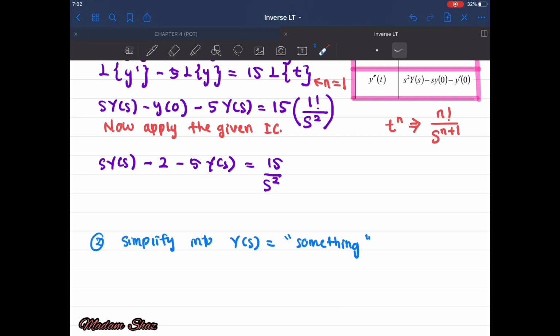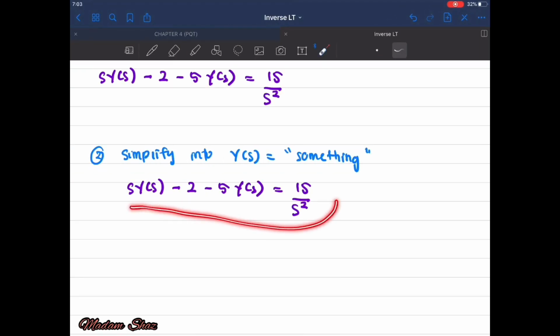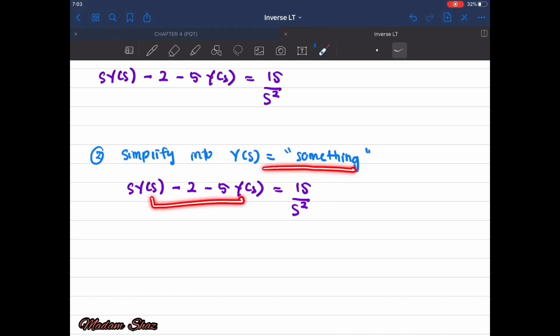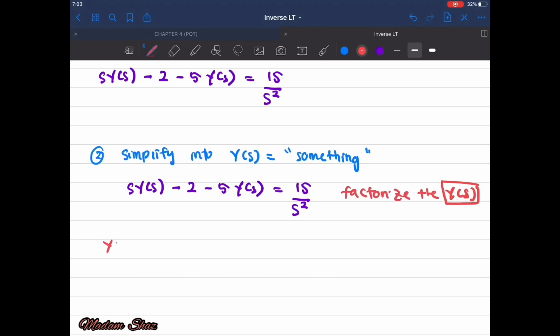Okay, now proceed for the second step. Simplify into Y(s) equal to something. In order to simplify Y(s) equal to something, we need to factorize the Y(s). So Y(s) at the front.